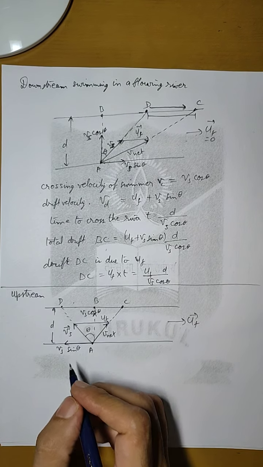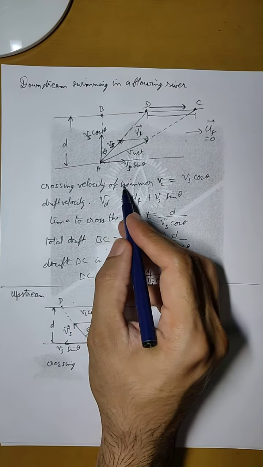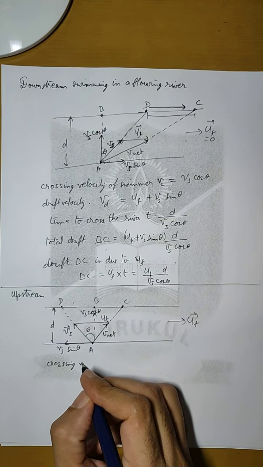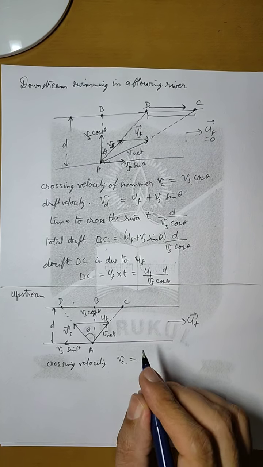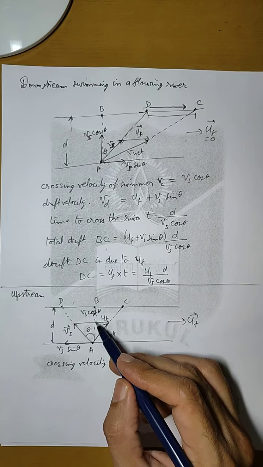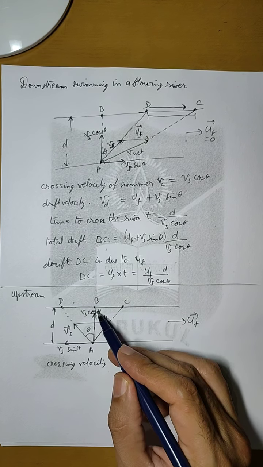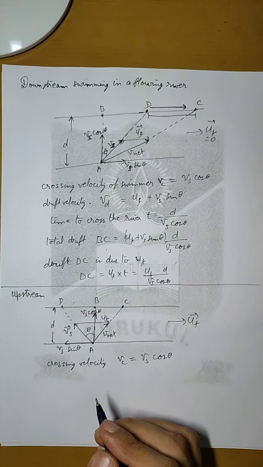First let us calculate the crossing velocity. The crossing velocity of the swimmer in the earlier condition was Vs cos theta. The crossing velocity Vc in this situation is also the same. The only component of velocity which is helping the swimmer to cross the river is again Vs cos theta, so it remains the same in both conditions.